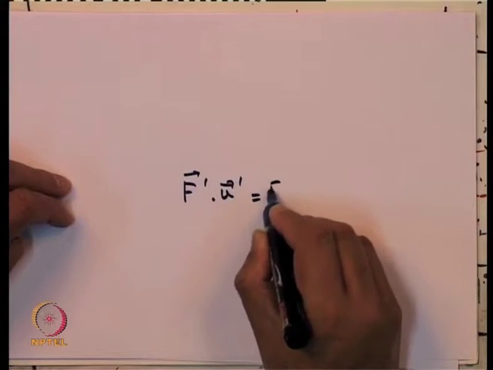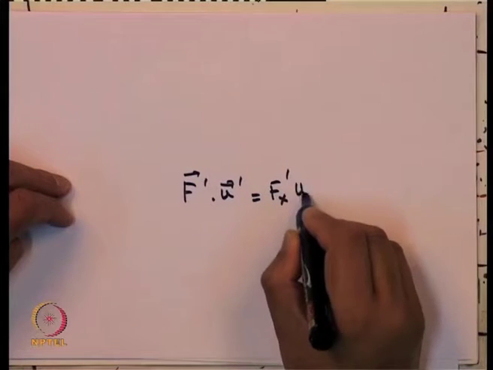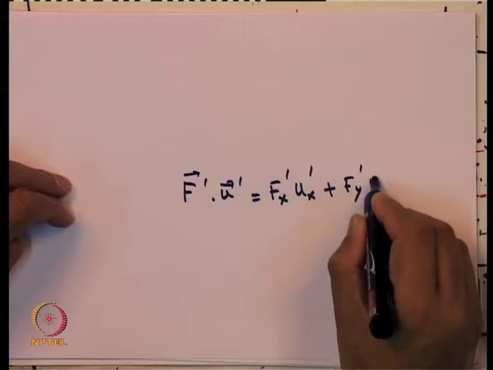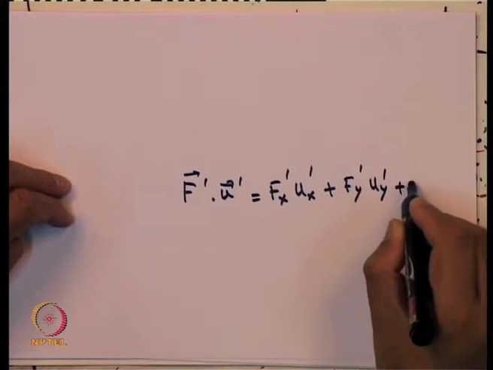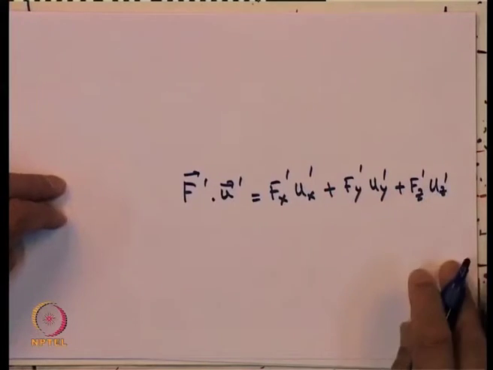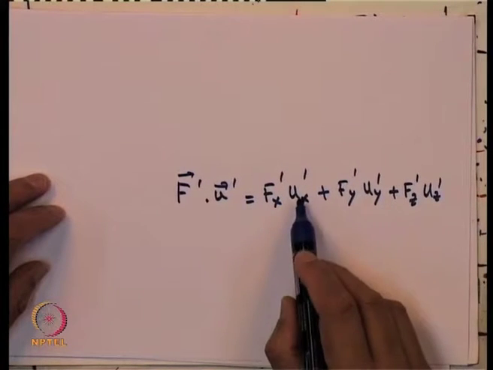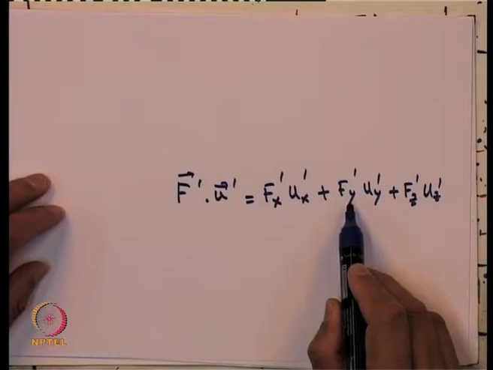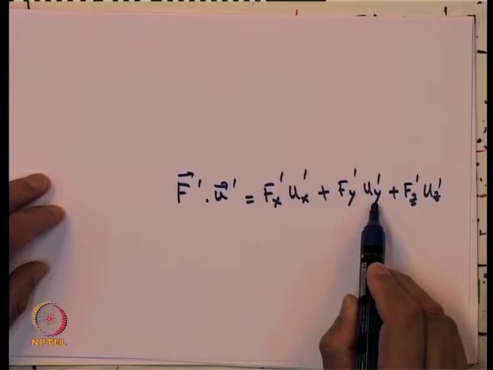this will be given by Fx. Now, because this is 0, only one term will remain, which is Fy prime times Uy prime.